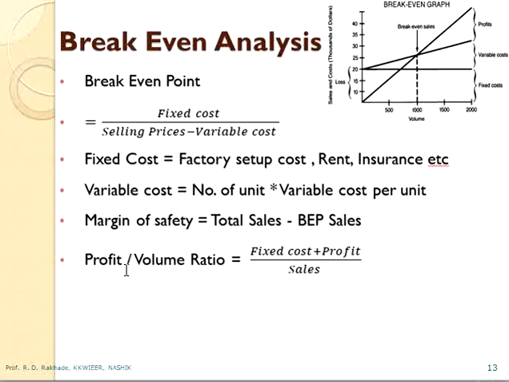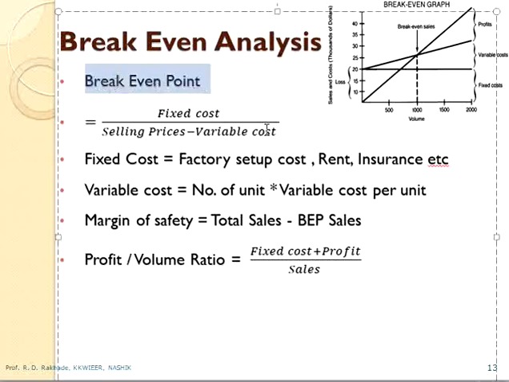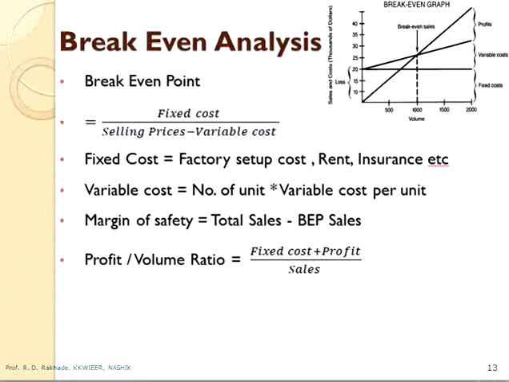Last is the profit volume ratio, the ratio of fixed cost plus profit upon sales. This first formula is very useful for you for the university exam, how to calculate the break even point. So generally use this formula: fixed cost upon selling price minus variable cost.